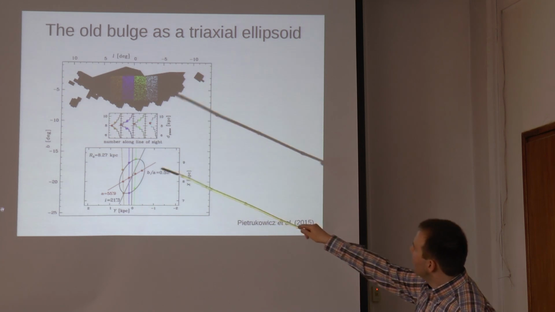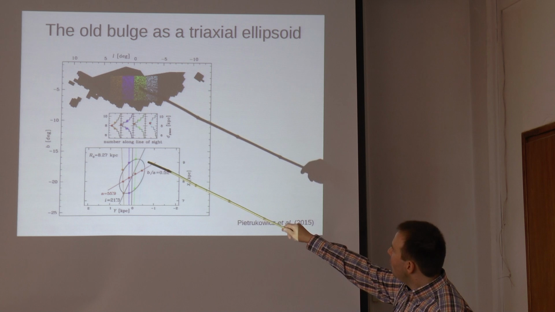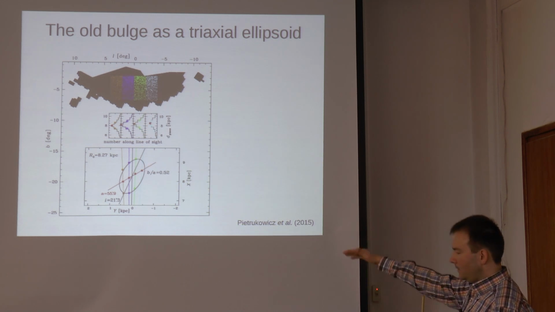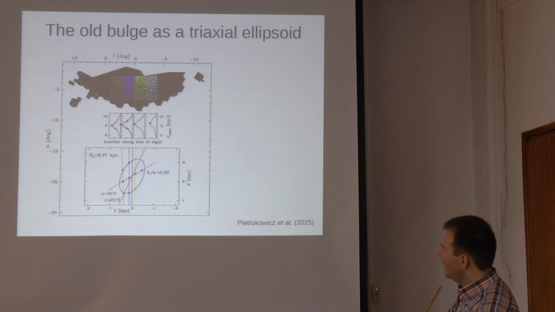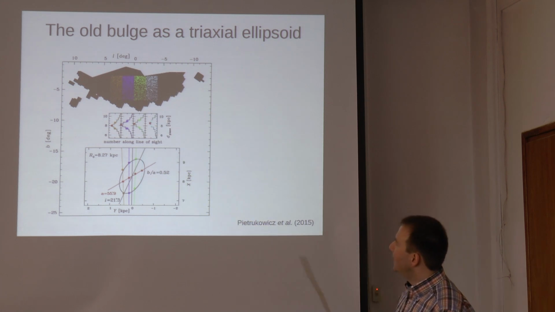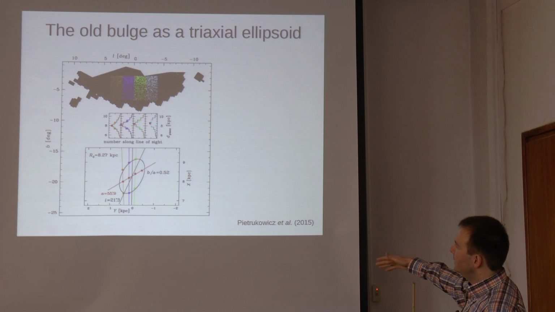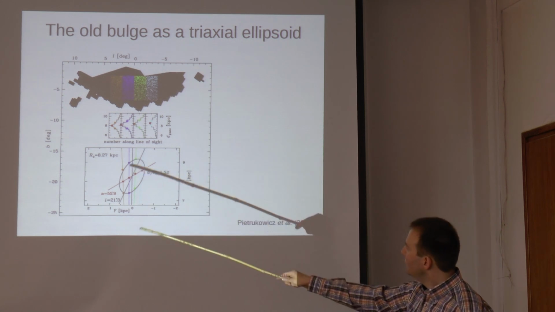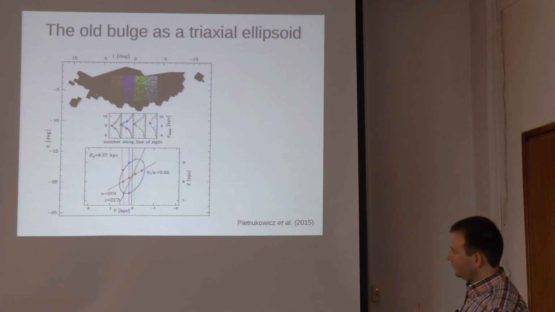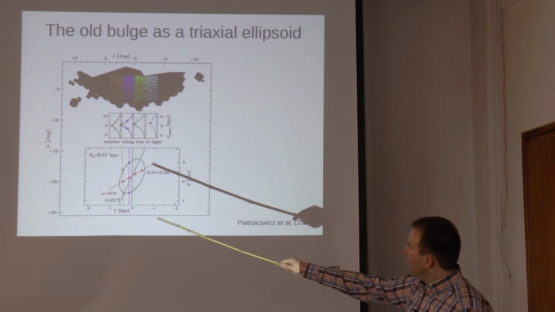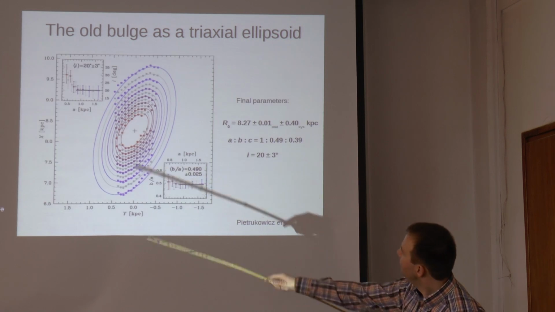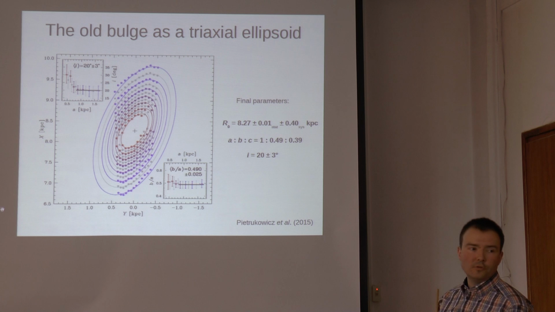Okay, and so these are these OGLE RR Lyrae stars, and I checked what's the distribution. I divided the area in the sky and checked what's the distribution along the line of sight, the four lines of sight, and you can see that constant density lines form ellipses, or something very, very close to ellipses.